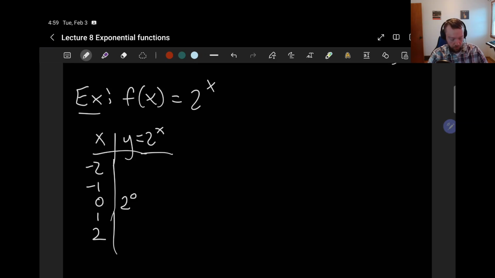If x is 0, then the y value associated with that is 2 to the 0, which is 1. Okay, here we have 2 to the first, 2, and 2 squared, which is 4.